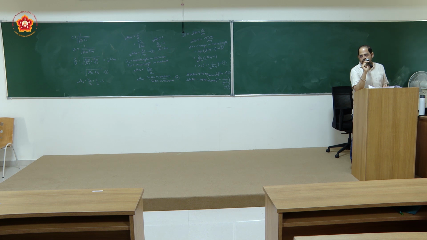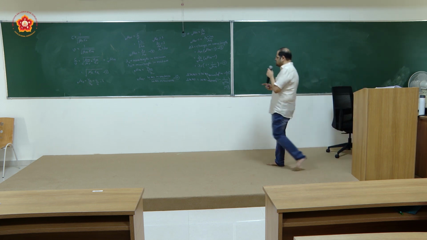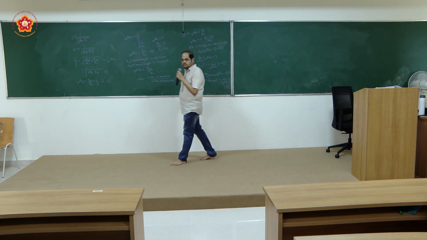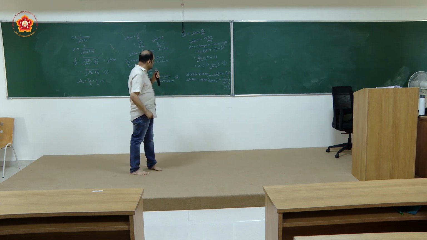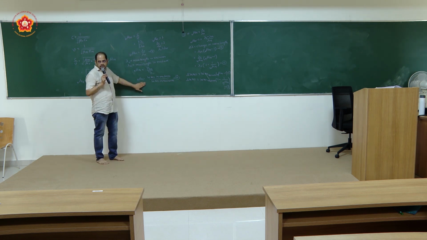Getting or not getting? You take this term inside. This is 1 will be there, and this term onto this side, 1 upon refractive index. This is the relation in front of you. Subtract 1 from both the sides.